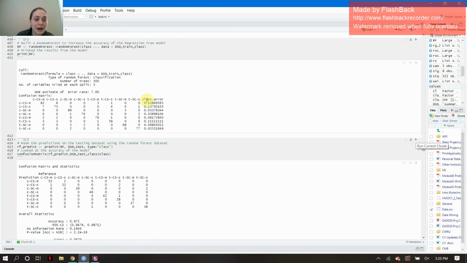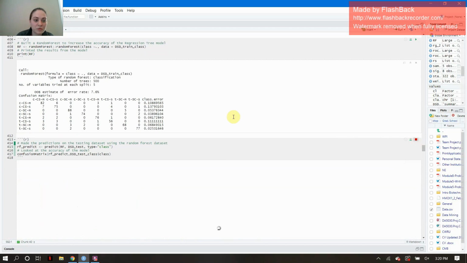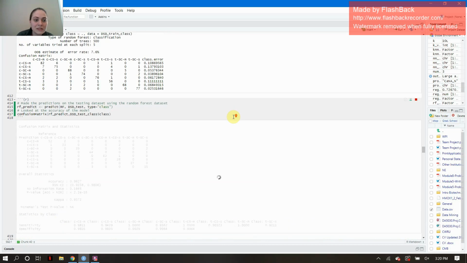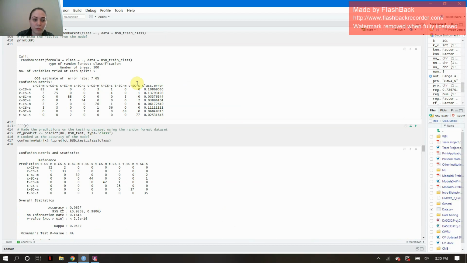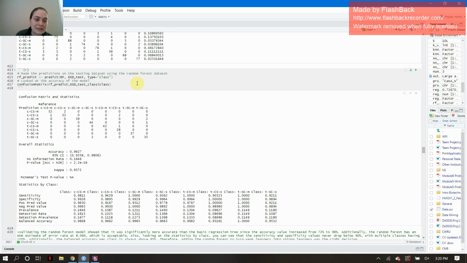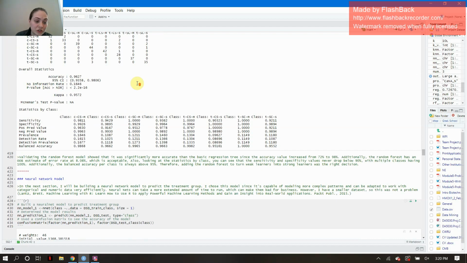As you can see here, with the random forest, it also comes with an OOB estimate error rate, which is just its prediction error rate, which sat around 7.6%, which is pretty decent. Overall, it also had an accuracy value of 96%, so it was substantially higher than the regression tree.